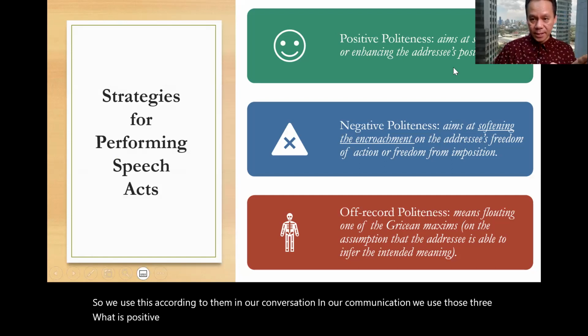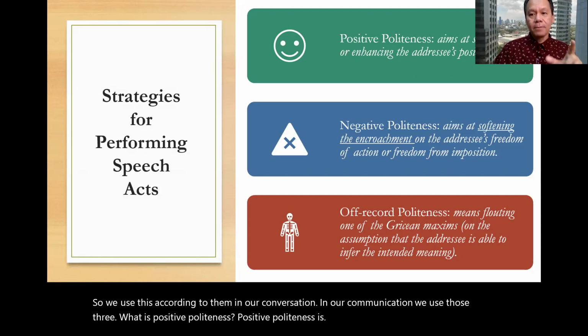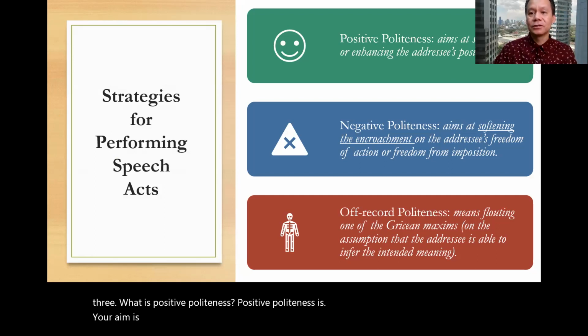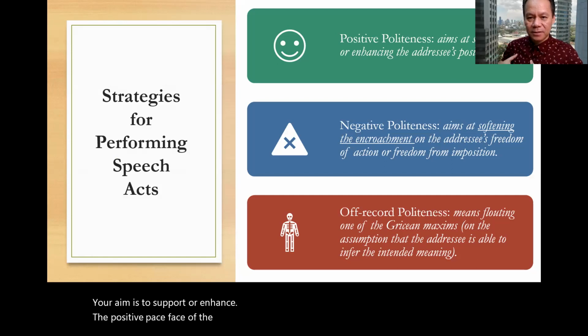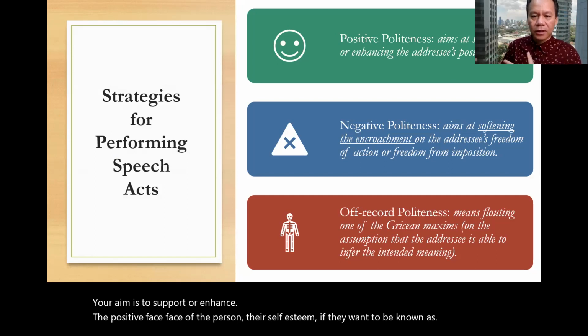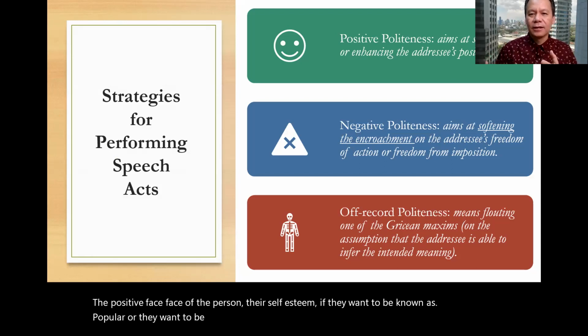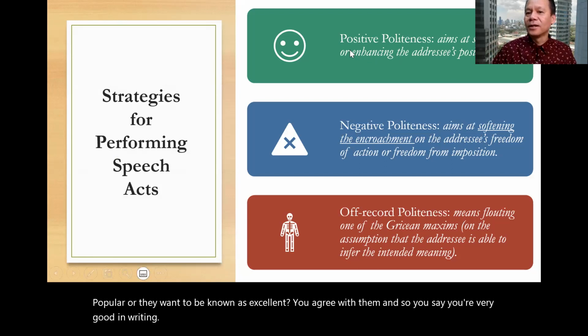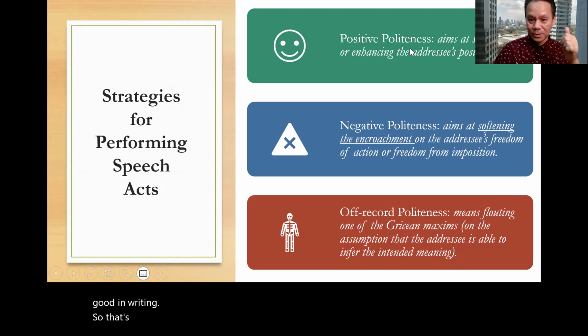Positive politeness is when your aim is to support or enhance the positive face of the person, their self-esteem. If they want to be known as popular or excellent, you agree with them. And so you say, you know, you're very good in writing. So that's positive politeness. You with me?